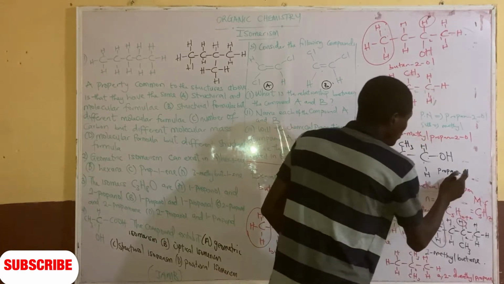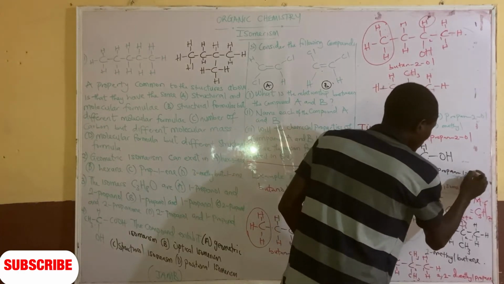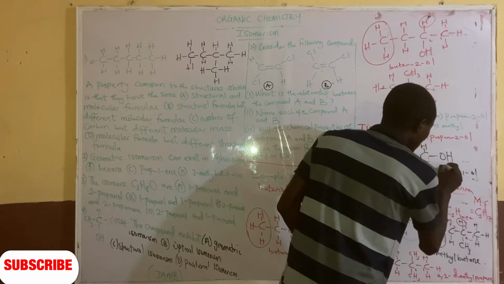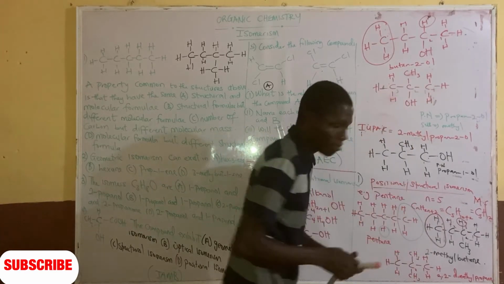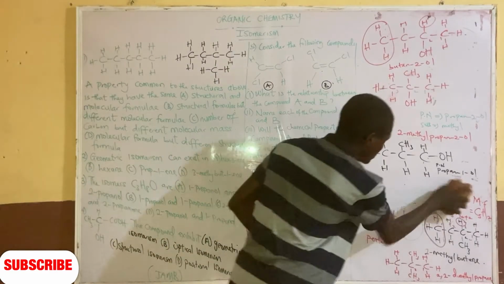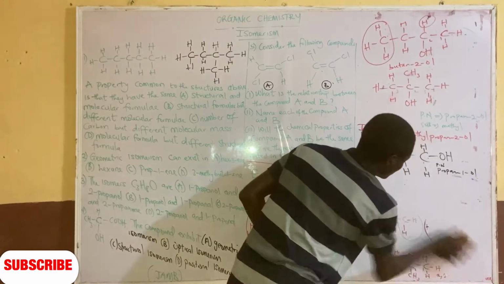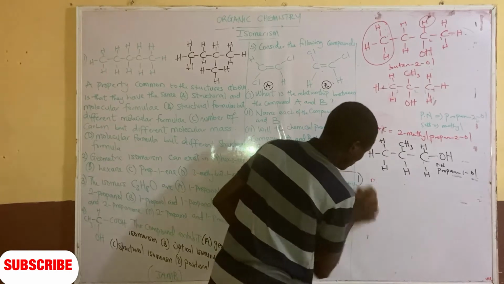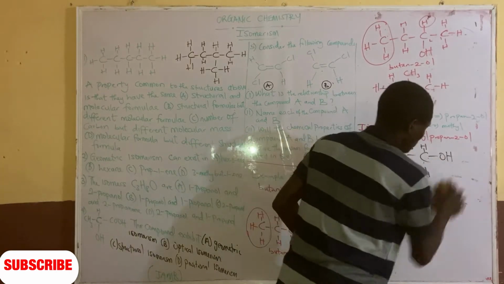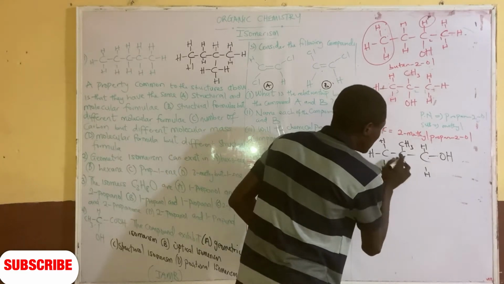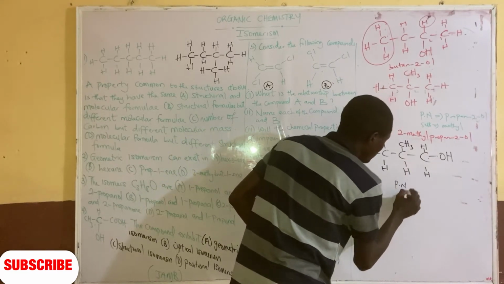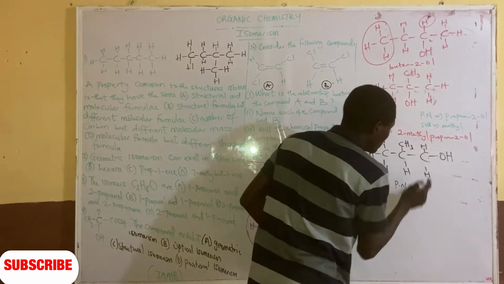That is the parent name. Now if I want to name this one, the parent name here is 1, 2, 3, propan.